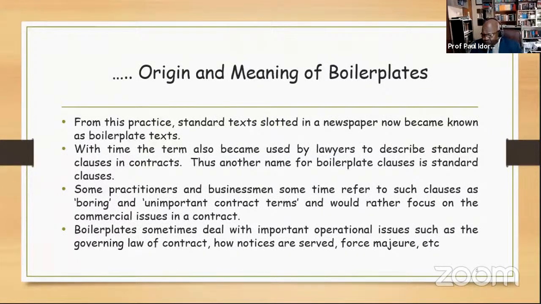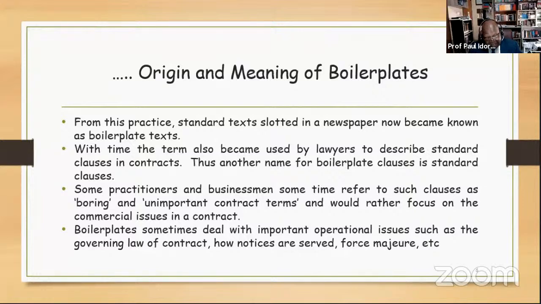So the standard text is slotted into the newspaper. And like I said, that is how the concept emerged among journalists. With time, lawyers started using them. And so that's how lawyers started using standard terms, standard clauses in their contracts.